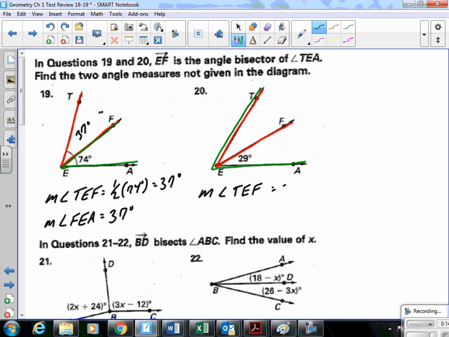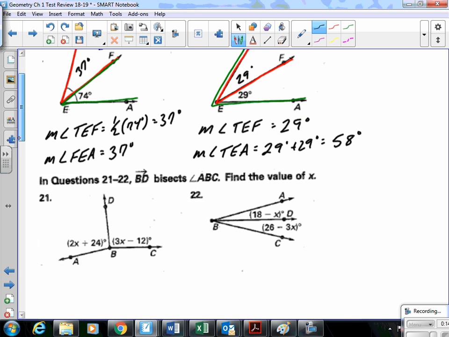FEA is 29 degrees, so TEF is 29 degrees. And the measure of angle TEA would just be those two angles added together, 29 degrees plus 29 degrees, or 29 degrees times 2, 58 degrees.